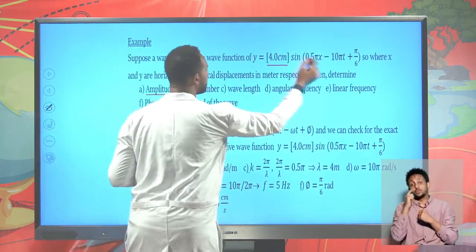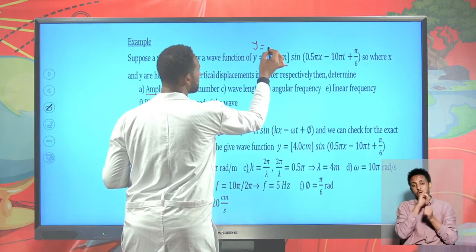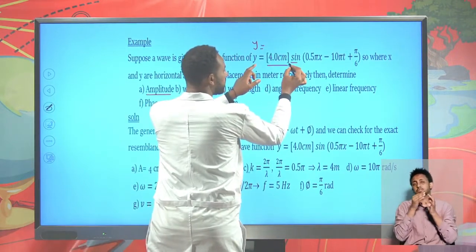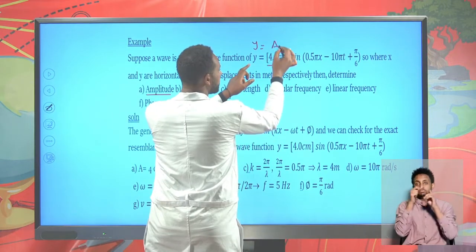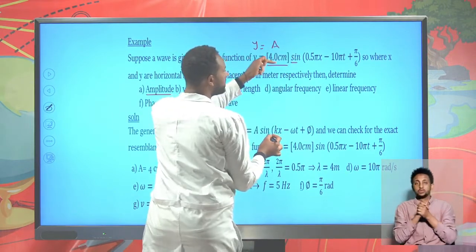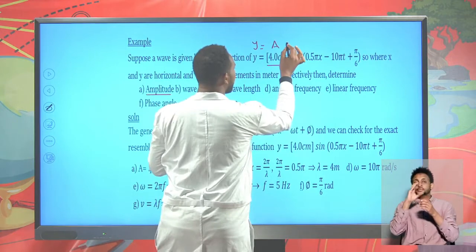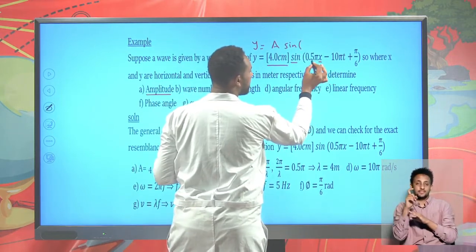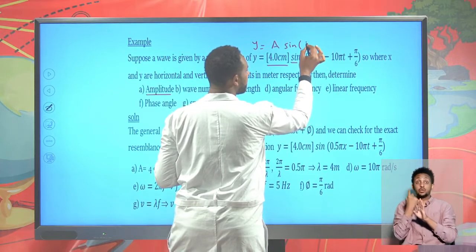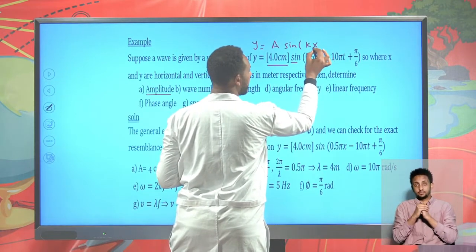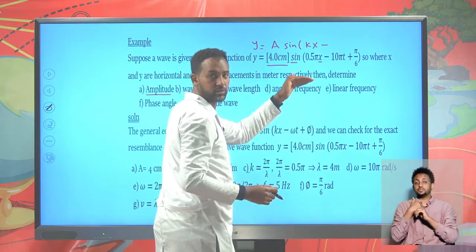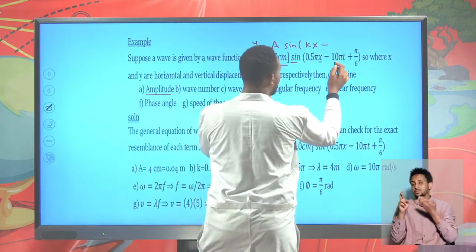From this expression, y equals, the number or any expression before sine and cosine represents the amplitude. This is the amplitude, and it's 4 centimeter. Sine, then here you have the x variable. In front of the x variable, we have a wave number k, x minus, since it is minus, it's moving to the right side, so you can have minus.